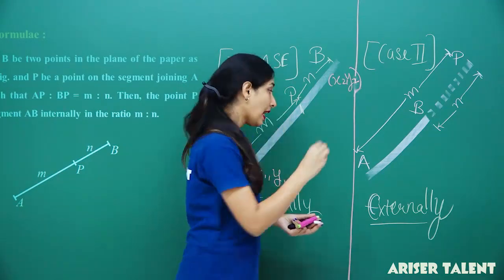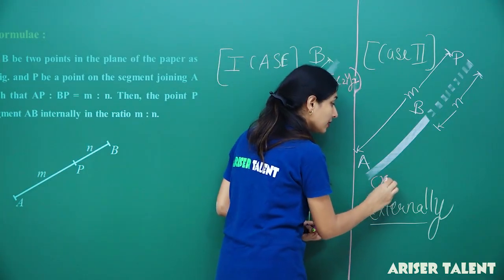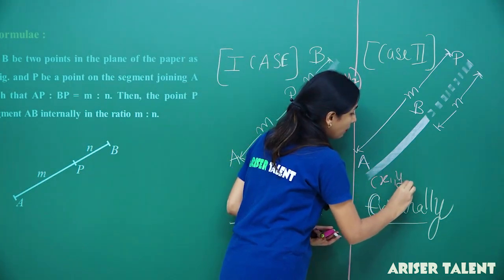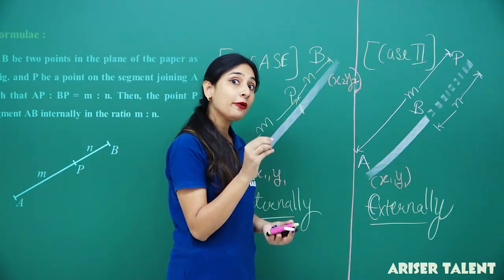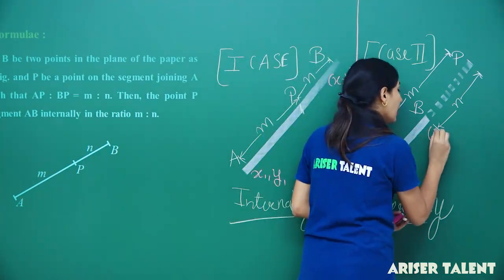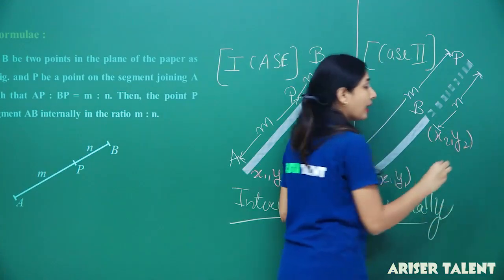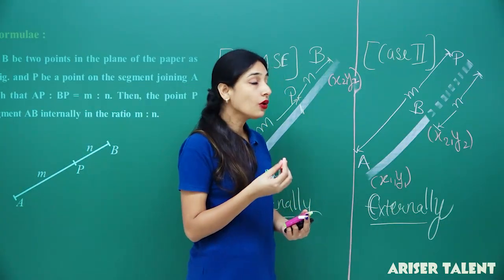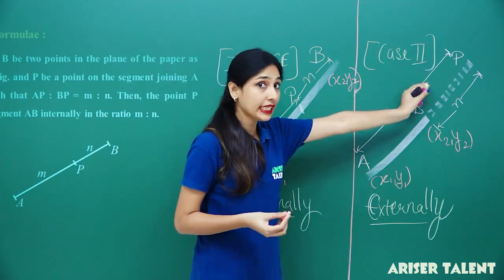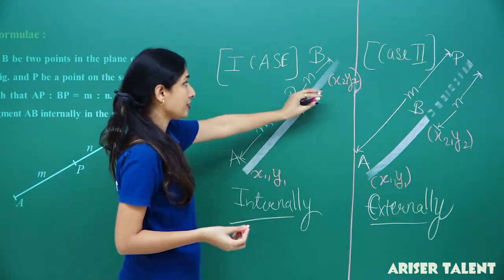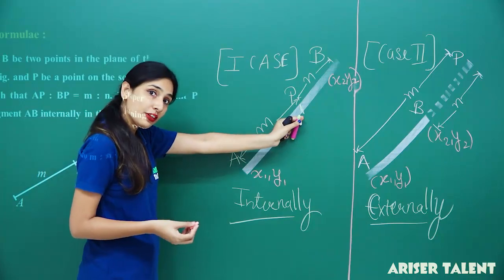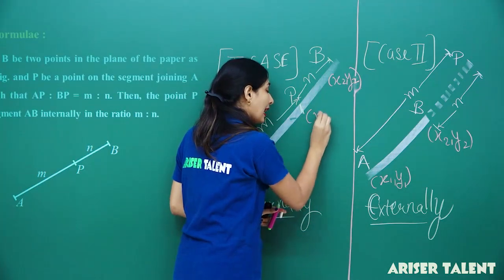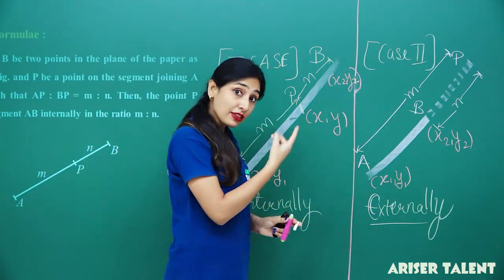Again, I'm having it here. First point as x1, y1. Second point will be obviously x2 and y2. Now, I'm having this unknown point P here that divides it and also P here. So, what will it be? Look, the coordinates in both cases will be x comma y.